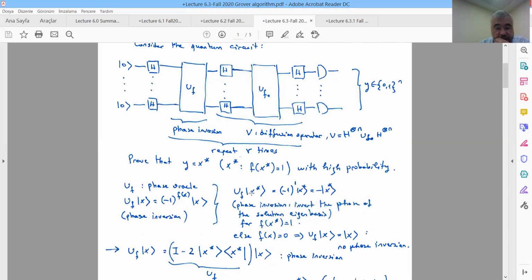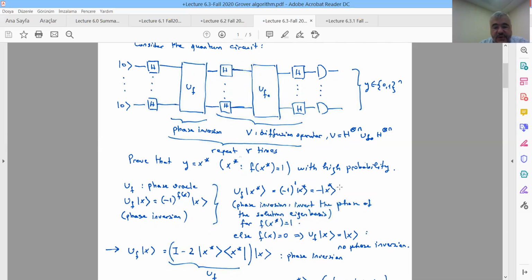In other words, if we apply this phase inversion U sub f operator to the solution state, x star, now f of x star equals 1, so you would have (-1) to the first power ket x star, which is minus ket x star.